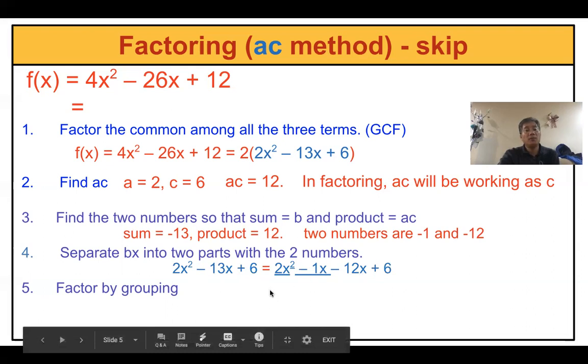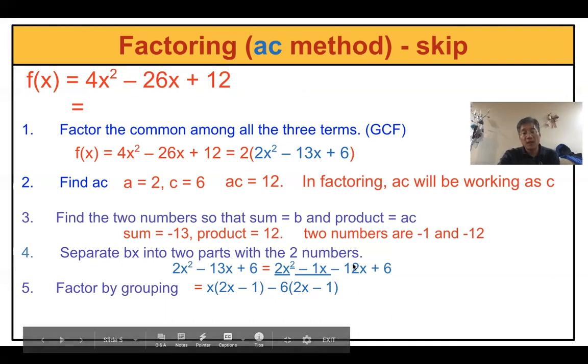And then we factor by grouping. So here you factor the first group and then the second group. If you see the first group, do you see any common? Yes, x is common, right? So you take out x, and x times 2x minus 1. How about here?